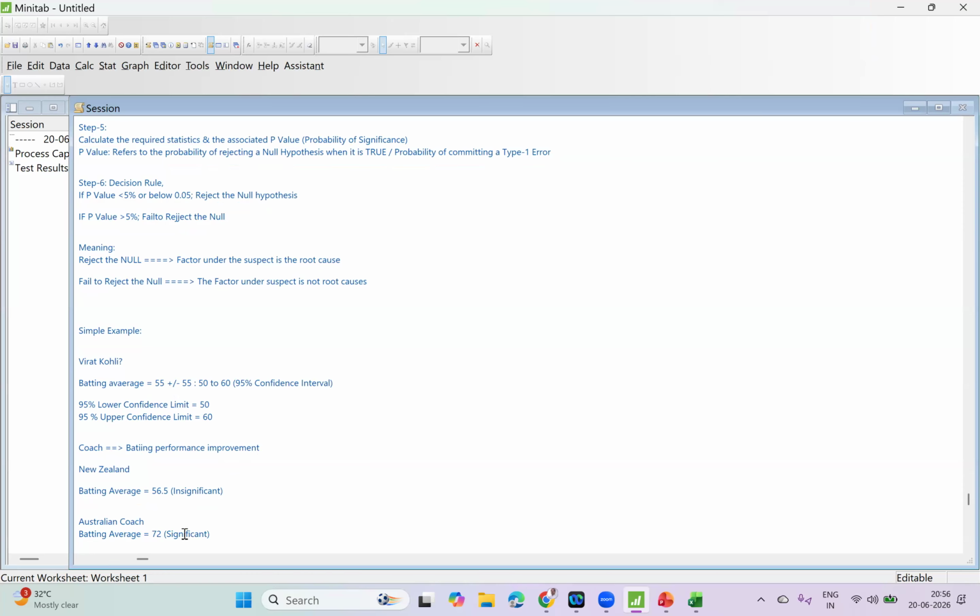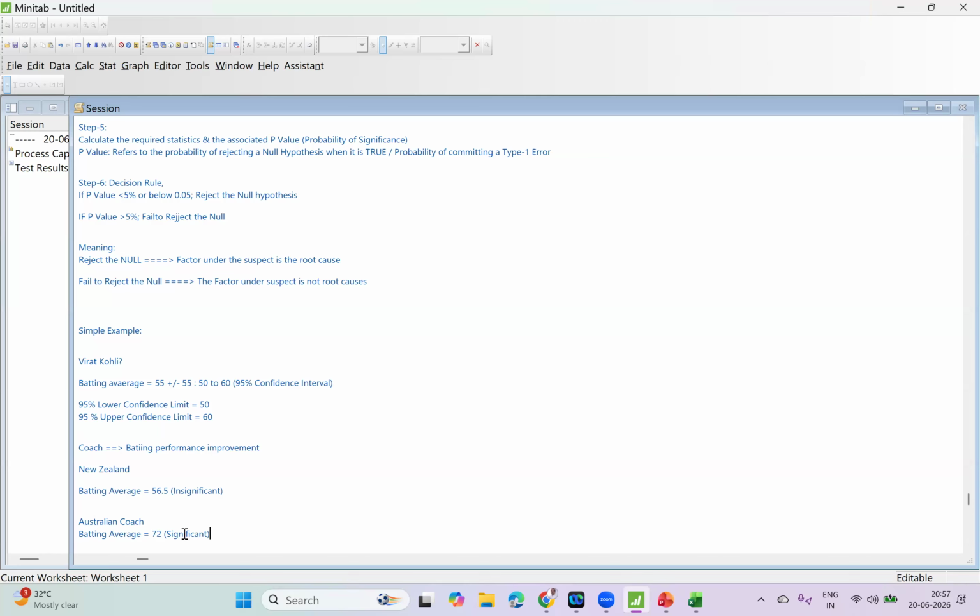Yes. Why are we saying significant now? Because we are seeing our statistic falling outside the expected confidence interval. Yes or no? All of you, please note. When you have data, you can calculate statistics, whatever you want, let's say the average. You can also find out the expected confidence interval.